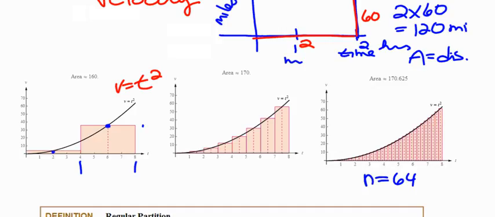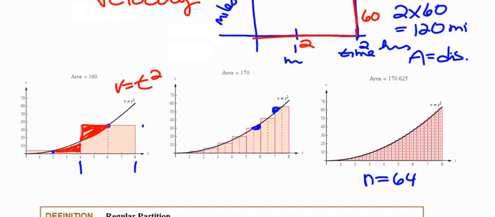Now notice in each of these pictures, we have a piece that's over, and then we have a gap that's open under. We want to make sure those are as small as possible. These two on this middle graph are definitely smaller than the two unders and overs on the first graph. On this last graph, they're the smallest. They're harder to see, but they're still there.